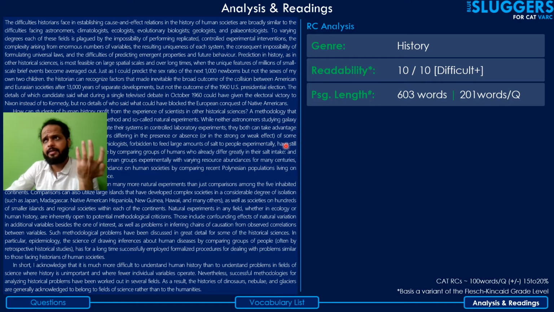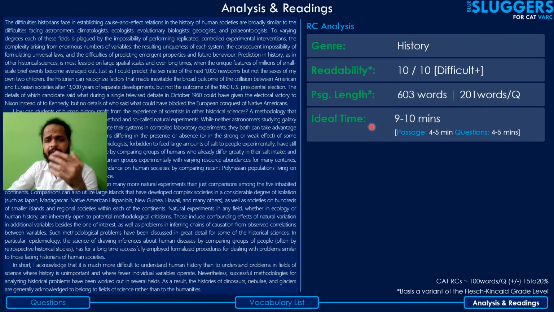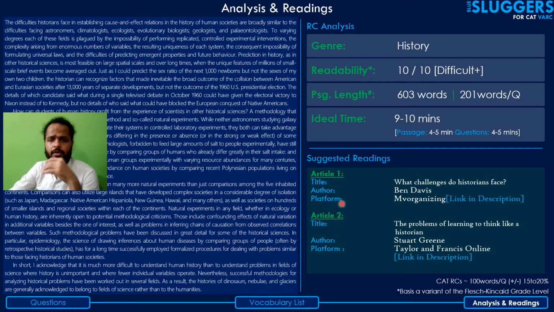Let's suppose you found your accuracy to be quite low and the passage was too long, then you might want to concentrate on longer passages. The ideal time to read the passage, the ideal time to answer the questions, and the total ideal time have been mentioned here. And finally, I've provided a couple of articles which belong to the same genre and are on a related topic, so that you can get more exposure in this genre.